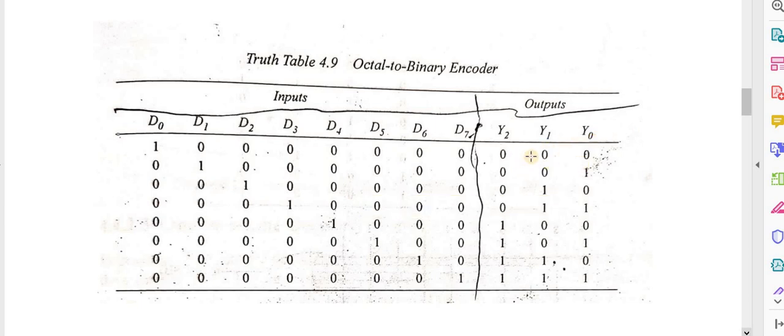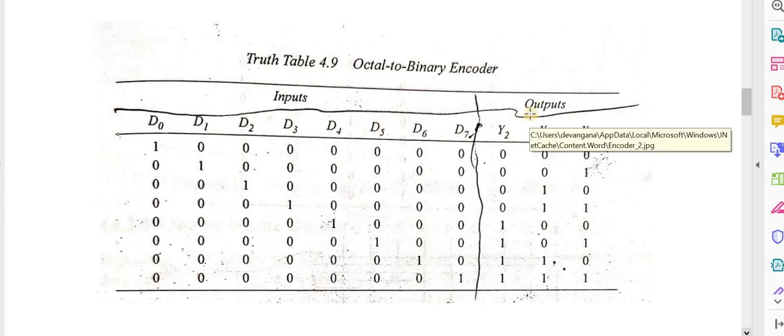So here 000, 001, 010, that means this column 1 0, and similarly for the others. So this is how you can remember this truth table.